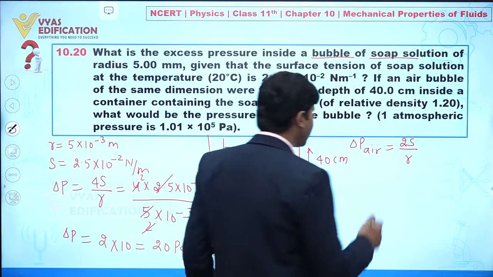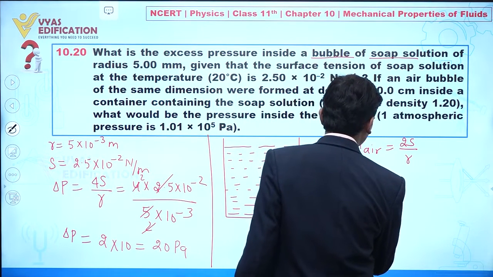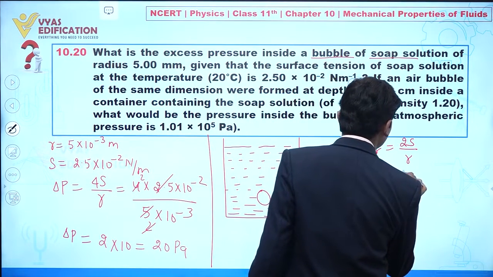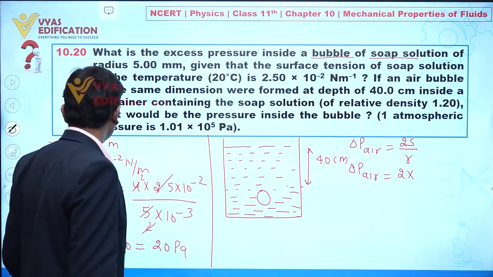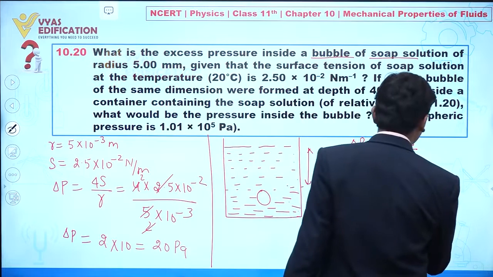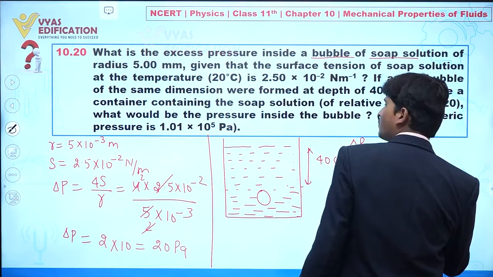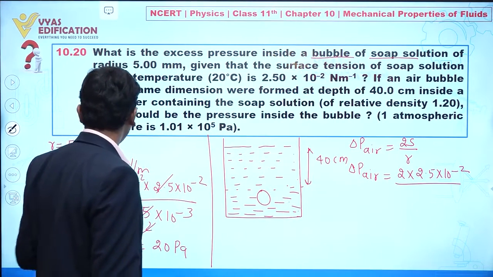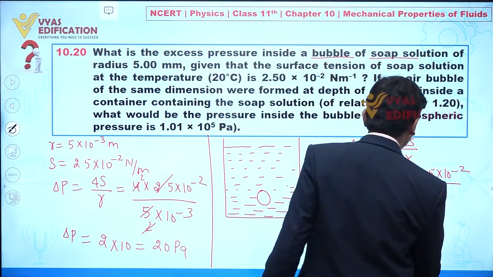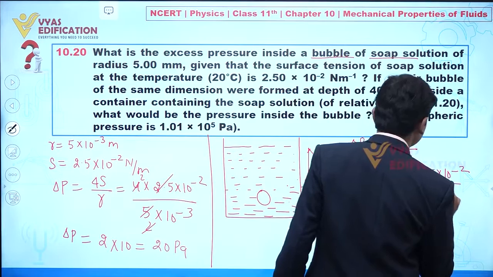So now I can write delta P is given by 2 multiplied by s. The s value is given as 2.5 into 10 to the power minus 2, divided by r. R is given to you as 5 into 10 to the power minus 3.